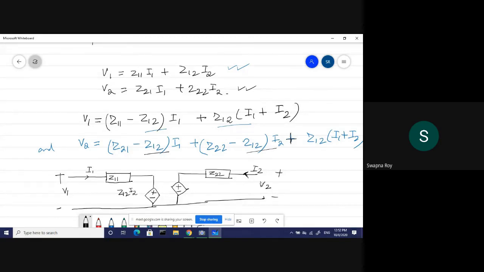So the output port voltage is equal to the Z22 I2 drop, plus the output of the current controlled voltage source, Z21 I1.